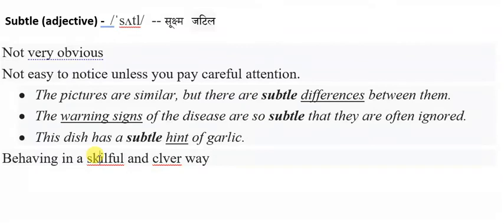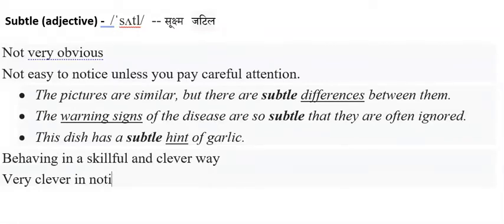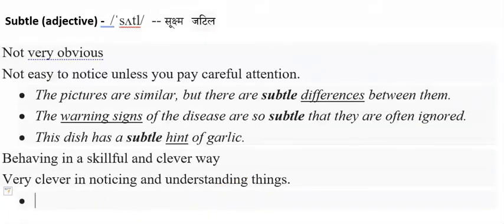We can also say that skillful and clever way, that means that the person is very clever, okay, or we can say it in a positive way, not in a negative way, clever in noticing and understanding things, okay. We can use this word in this sense, okay.